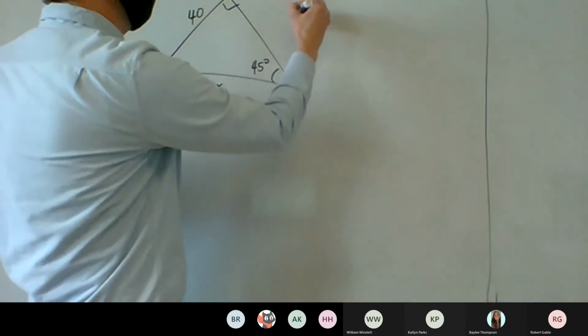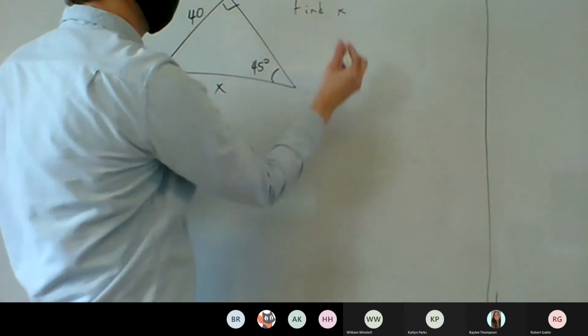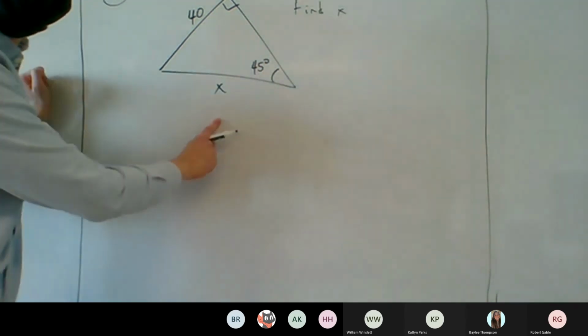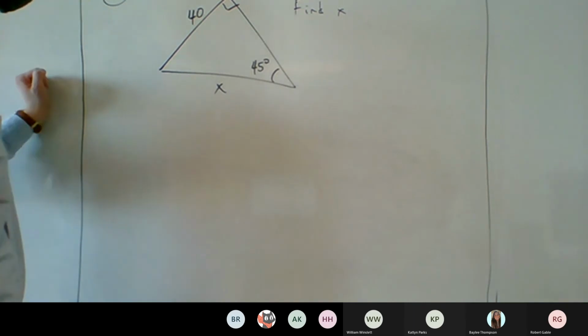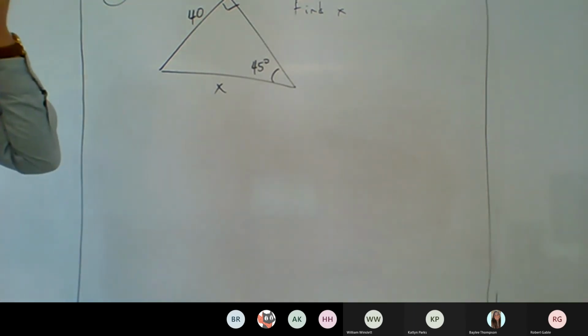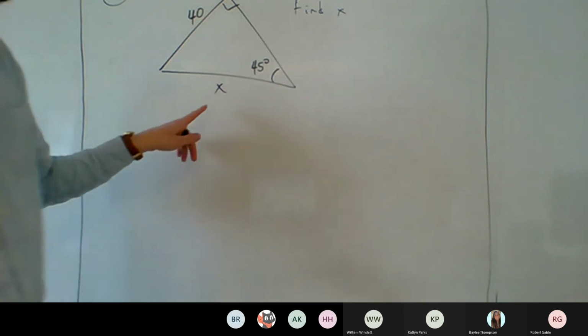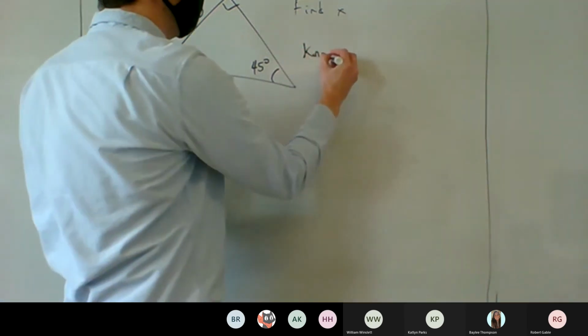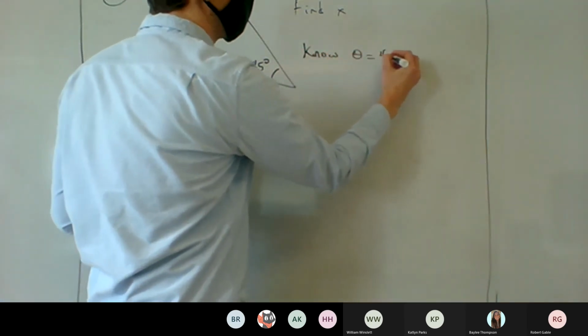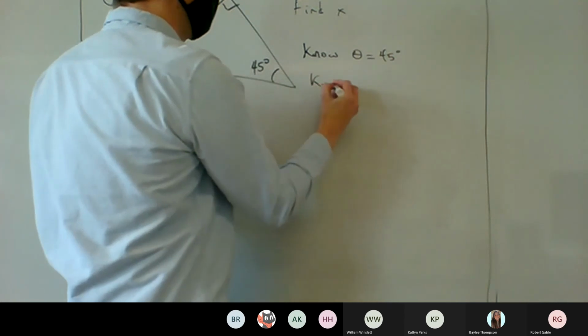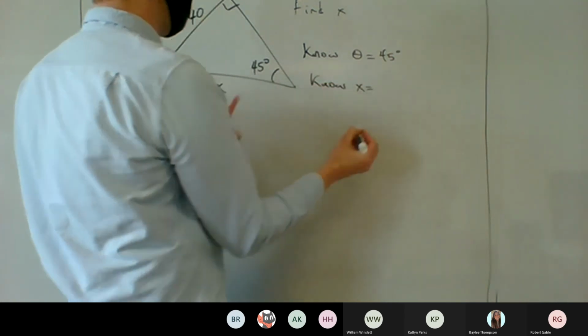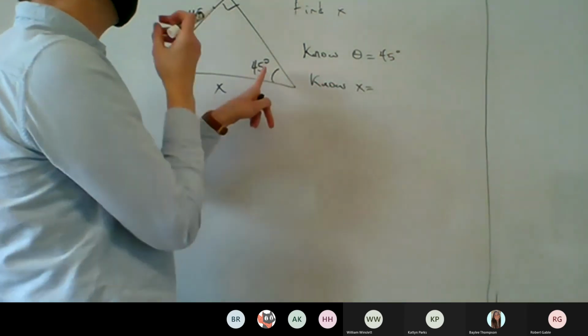It's pretty obvious what we have to do, but the official instructions here are: find x. Well, what do we know? We know theta, the angle is 45 degrees.